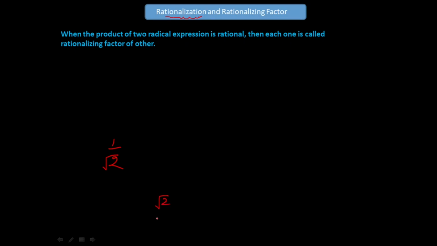Root 2. Now if I multiply this by under root 2, I will be getting 2. So this is called the rationalizing factor. Now I'm going to multiply and divide by the same number. 1 over under root 2 becomes under root 2 over 2.